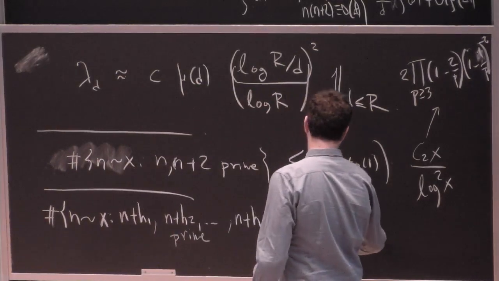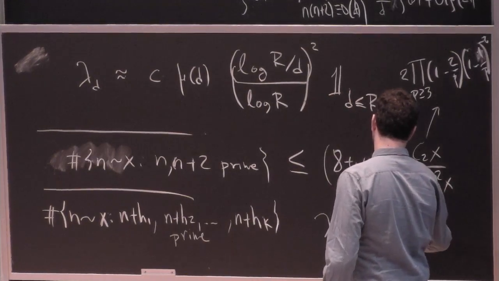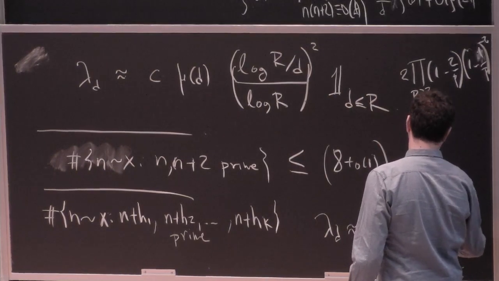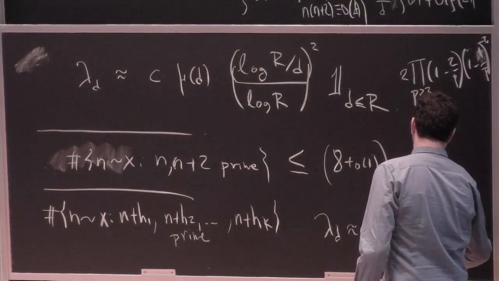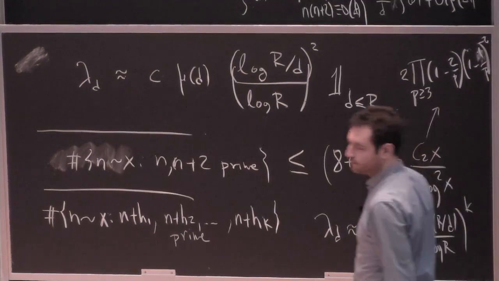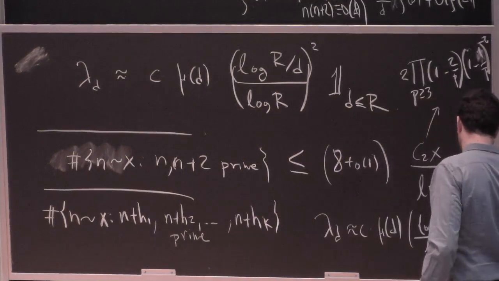And then in this case, lambda d turns out to be some normalizing constant times the Mobius function mu of d, and then log of R over d over log of R, to the k, the optimal choice. And again, only up to R.